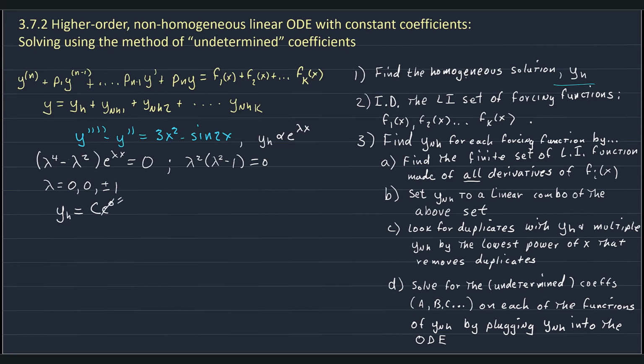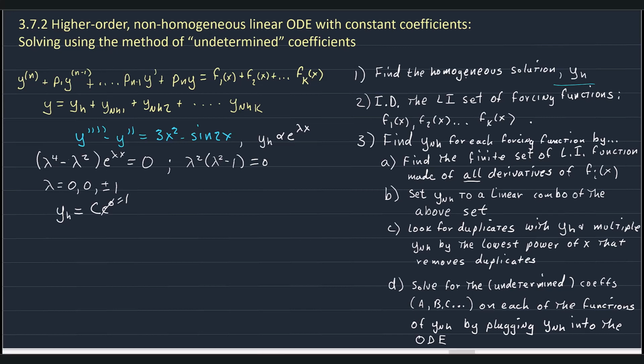So our homogeneous solution is equal to c e to the 0, right? And this is equal to 1. And let's use c1 for that. Plus, for our second 0, we need to multiply e to the 0 times x to get the second linearly independent part of the solution.